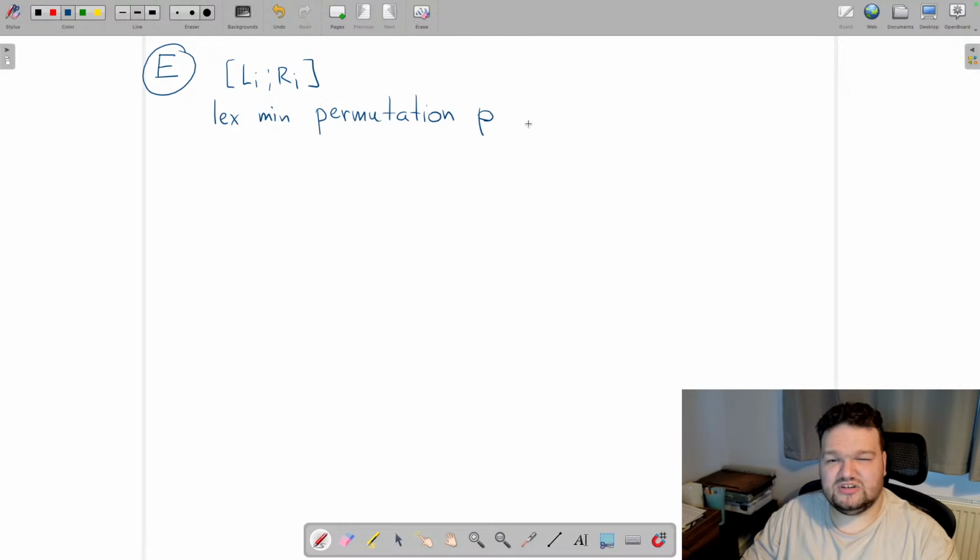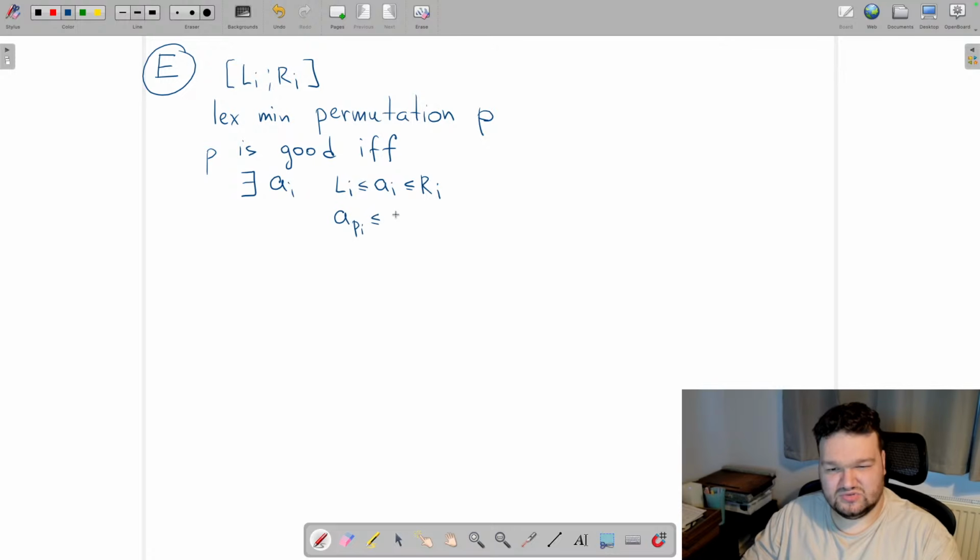And the permutation P is called good if and only if it is possible to choose an array AI such that for every position AI lies on the segment, and API is at most API plus 1.